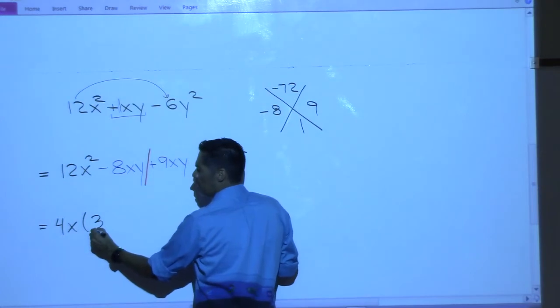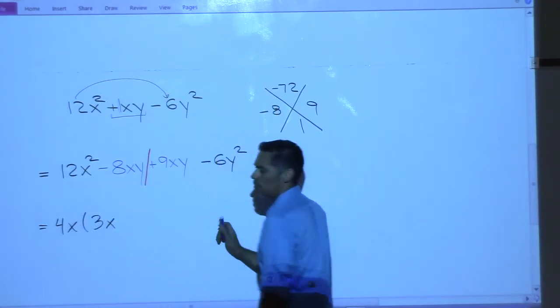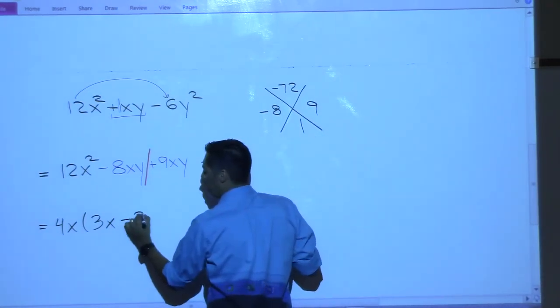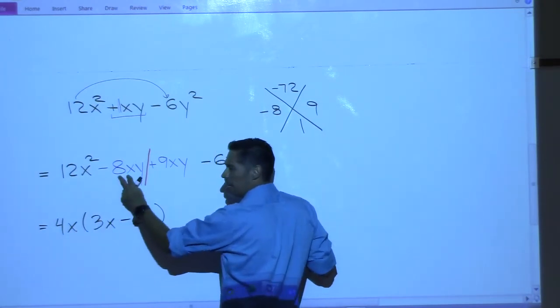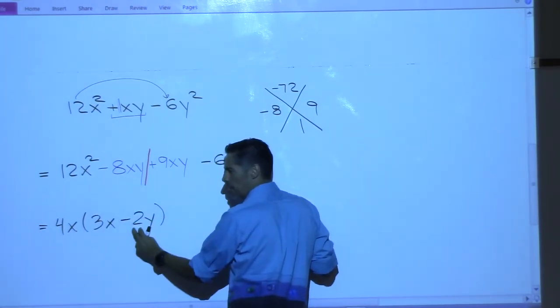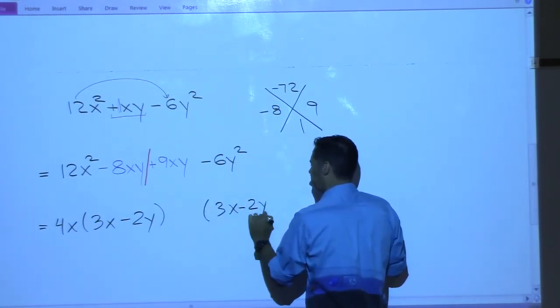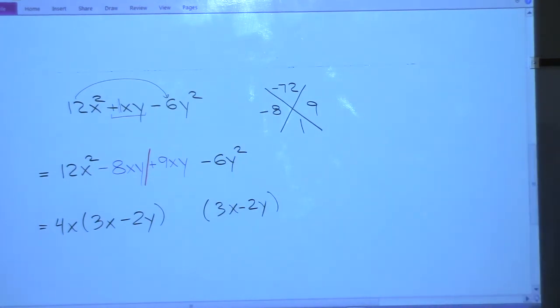I need to get x to x squared, so x. And then minus 2y. So I need to turn 4x into negative 8xy, so I multiply by negative 2y. Now I need that same thing over here. What number will go out in front of that to make that happen?